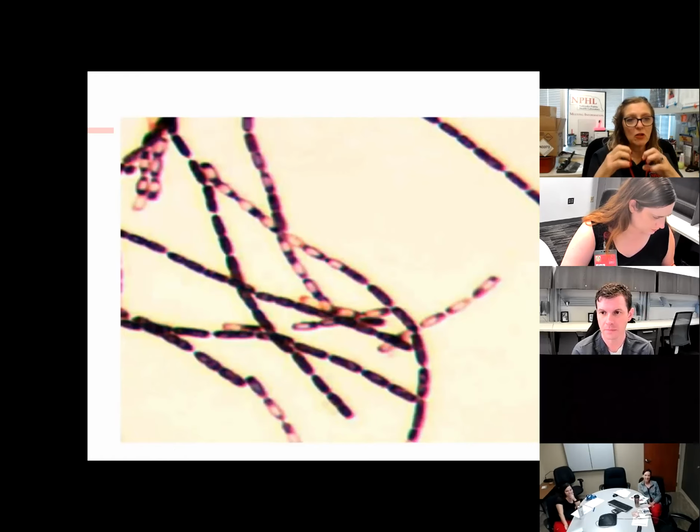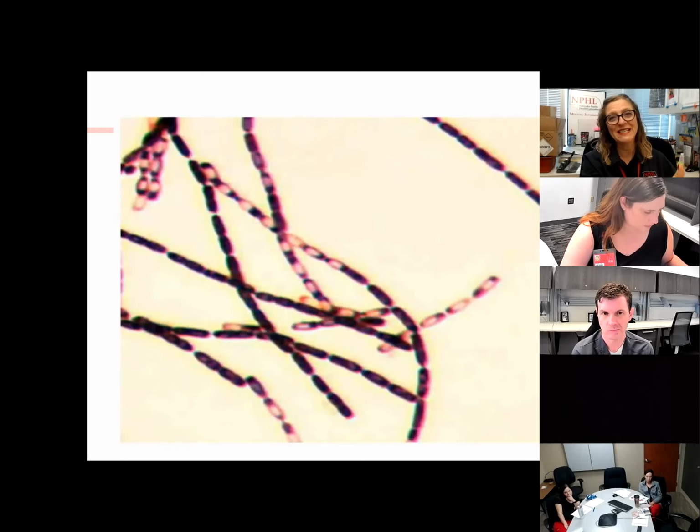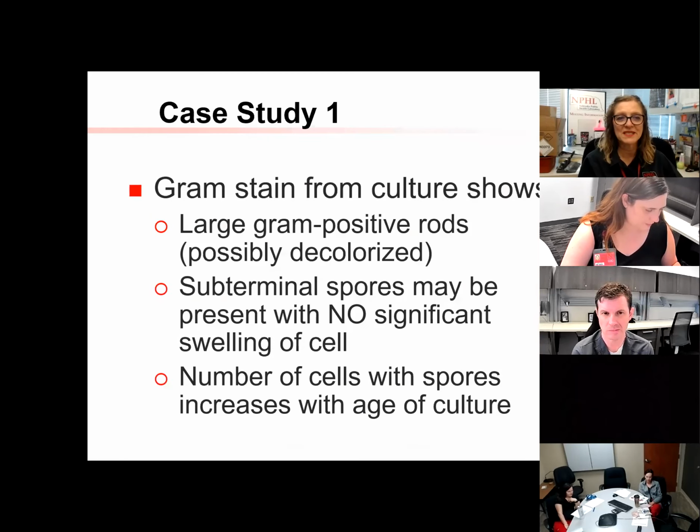It's not producing large lollipop looks. It is chaining very well here. Truly be afraid if you see something like this in your gram stain that you've repeated.